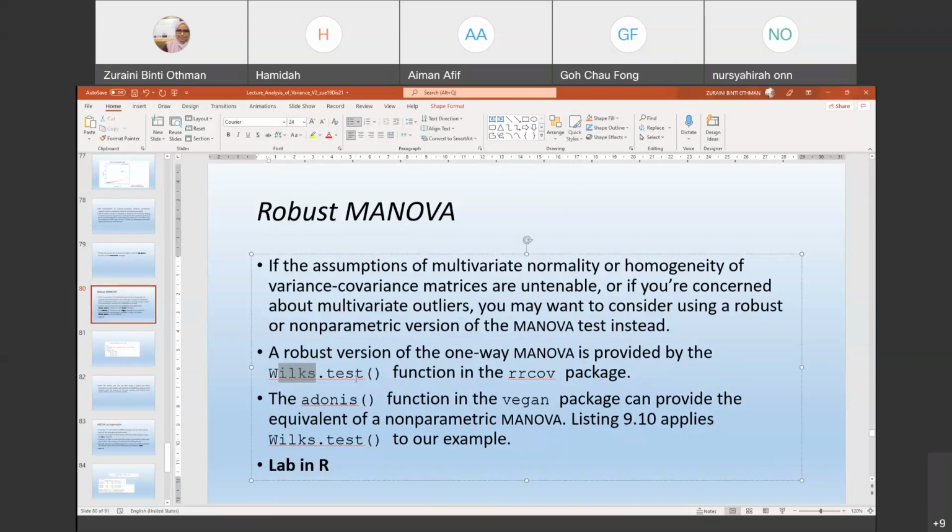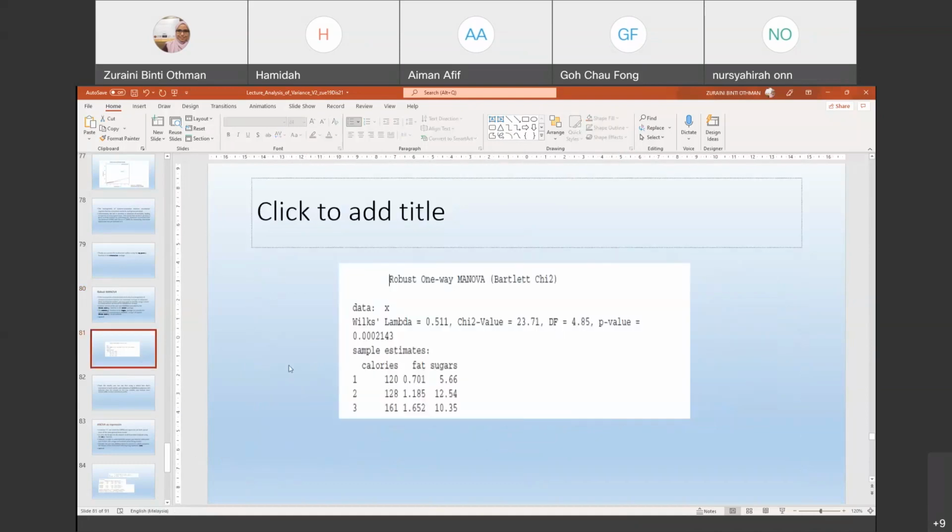And the adonis function in the vegan package can provide the equivalent of non-parametric MANOVA. This is listing 9.1. From this function applied to our example, we can get this for robust MANOVA.